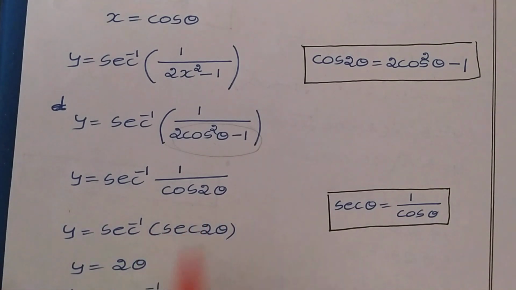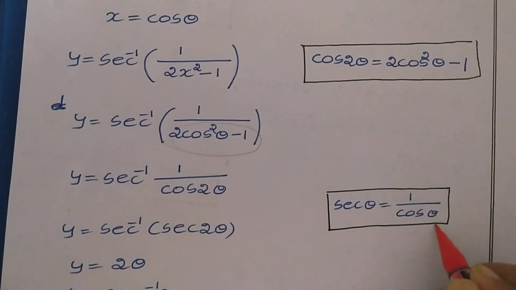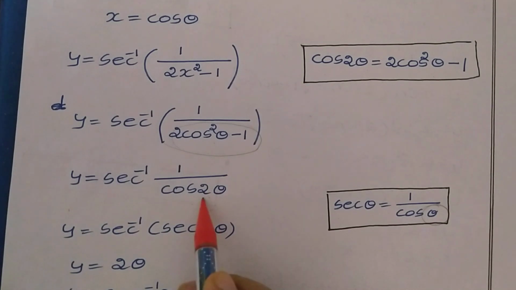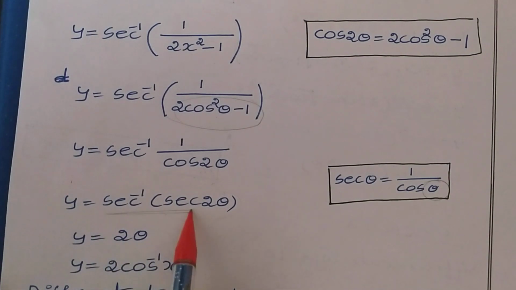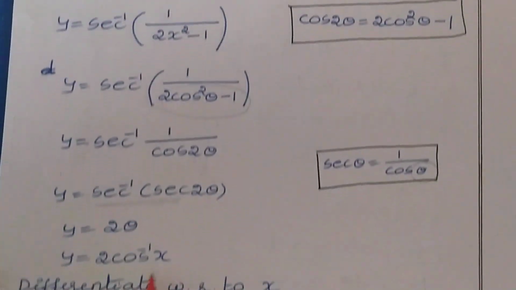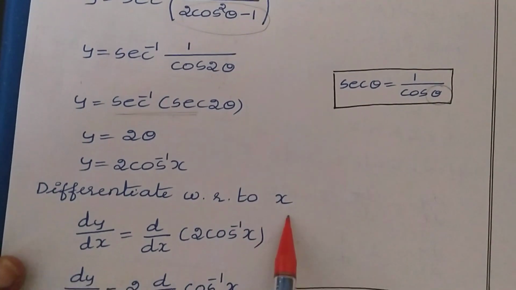We know from the trigonometric function sec theta is equal to 1 by cos theta. So here in the place of theta we have 2 theta. So this we can write as sec 2 theta. Then from the inverse trigonometric function we can write this directly as 2 theta, and theta we have taken at the beginning as cos inverse x. So just write that and differentiate this with respect to x.